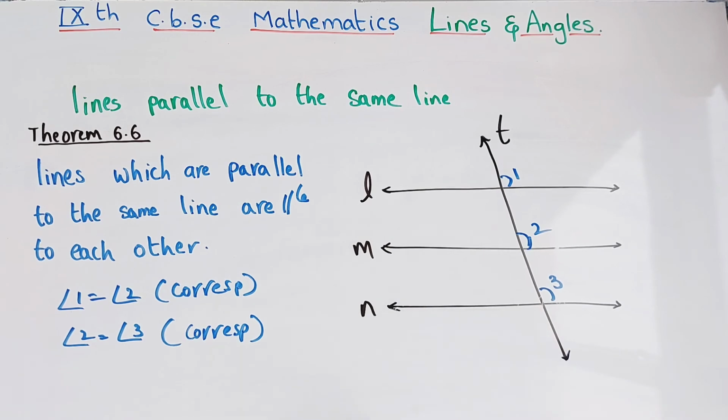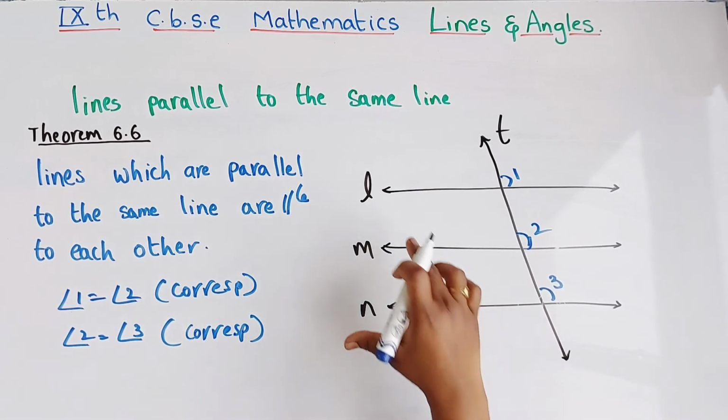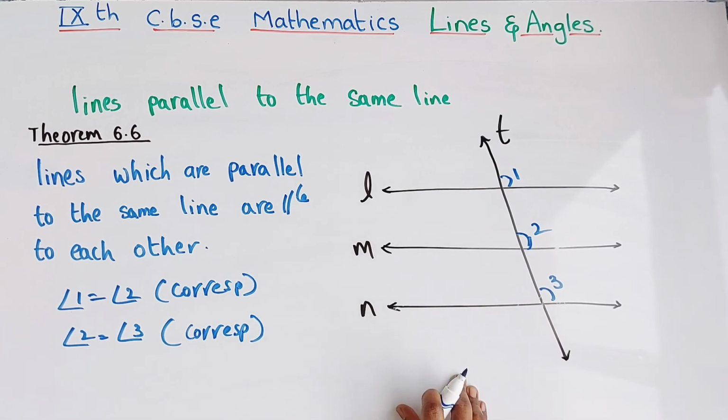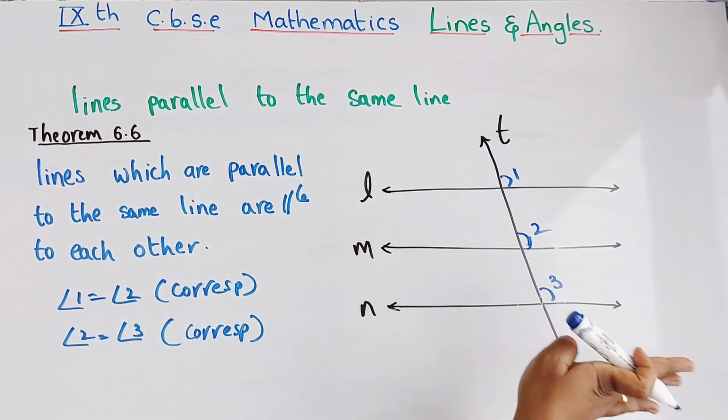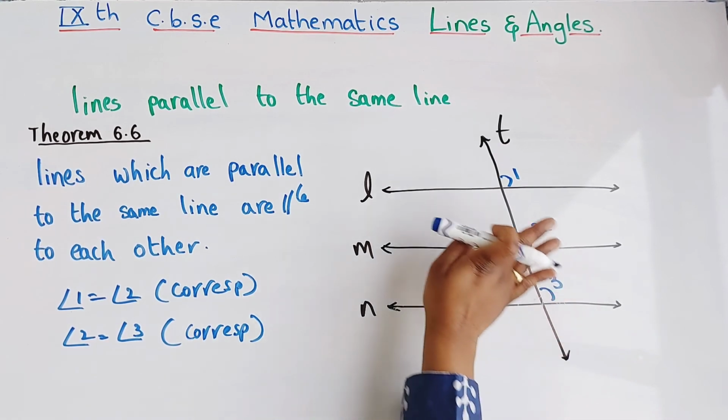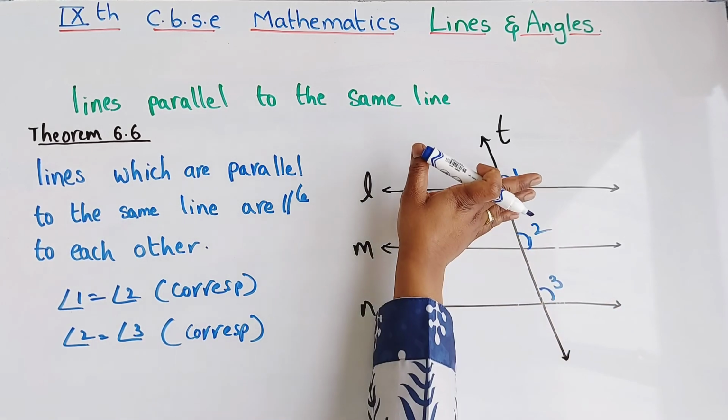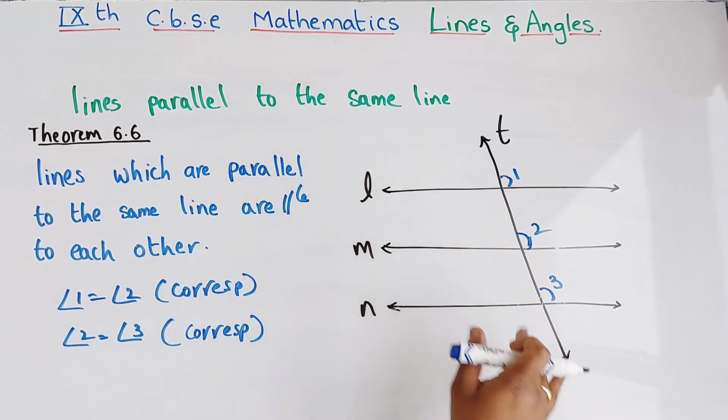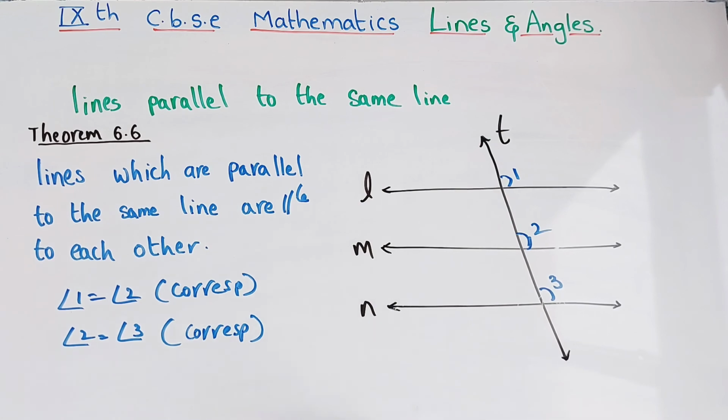So, whatever rules we did till now with two parallel lines, the same rules are applicable for these three parallel lines also. The only thing is we have to take two parallel lines and check the rules. Again, one line you close it and two parallel lines you check the rules. Like that we can make it equal.